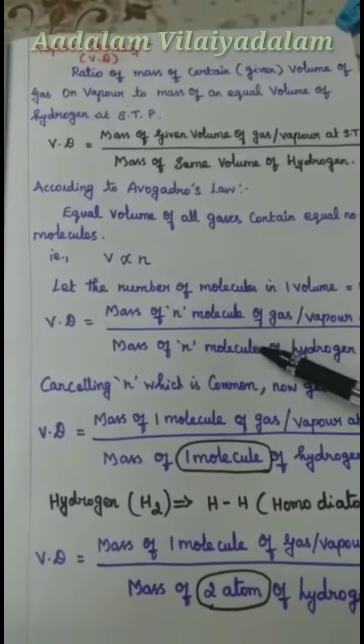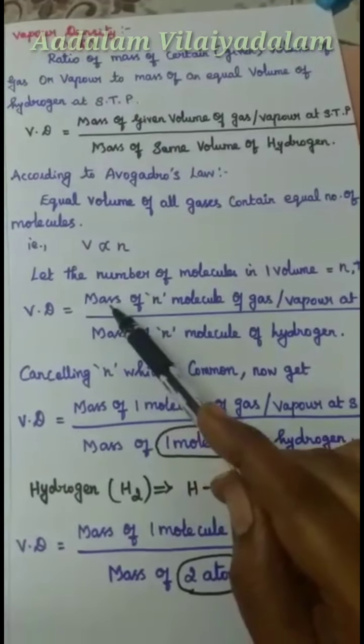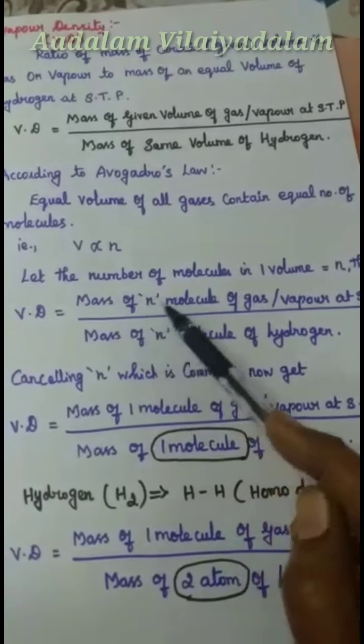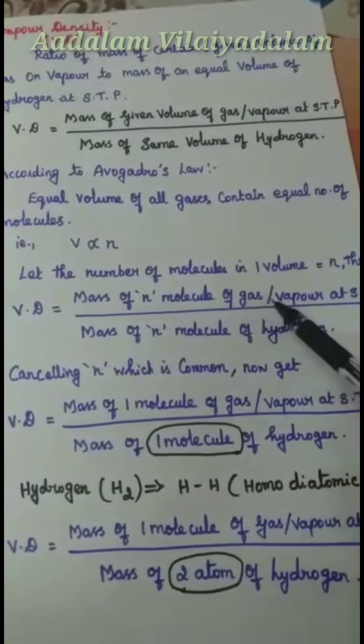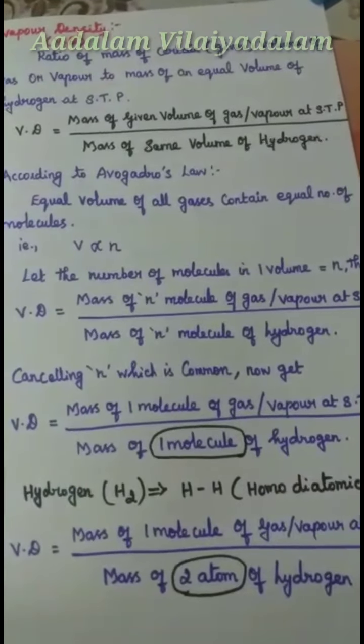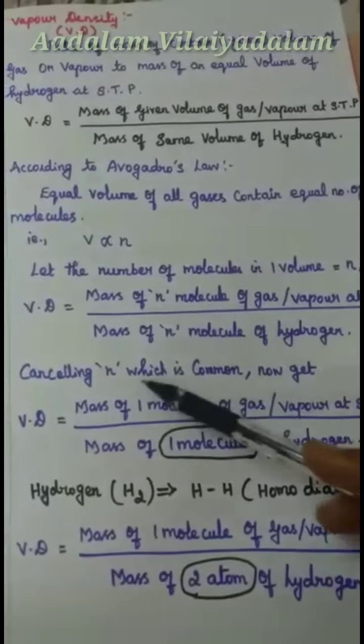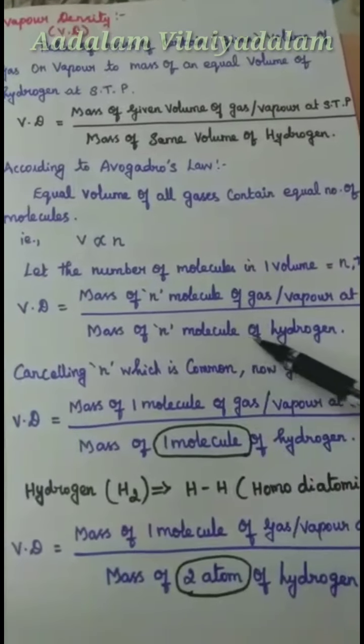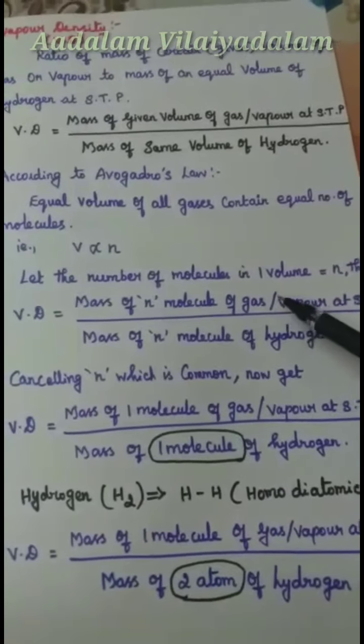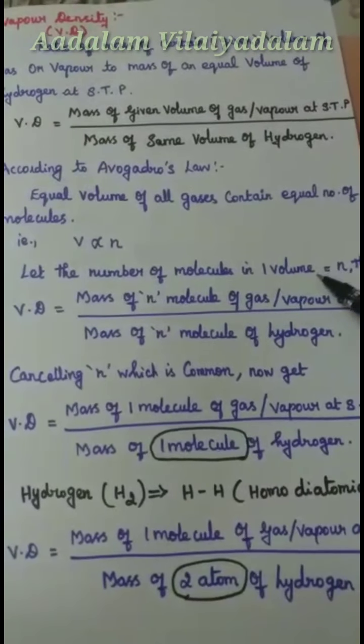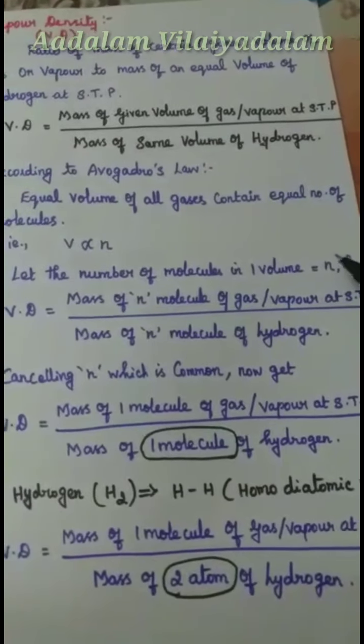Now, we get vapor density is equal to the mass of n molecules of gas or vapor at standard temperature and pressure divided by the mass of n molecules of hydrogen. Here we consider that one volume is equal to n number of molecules.